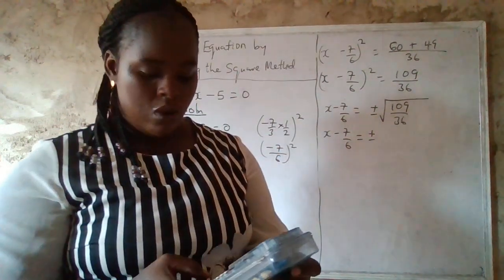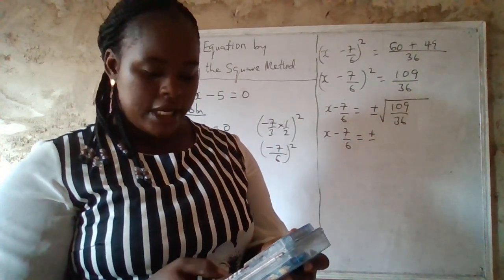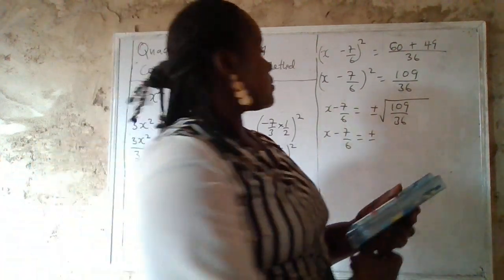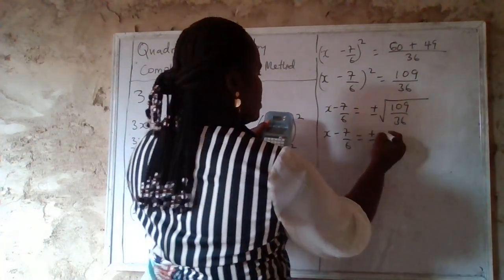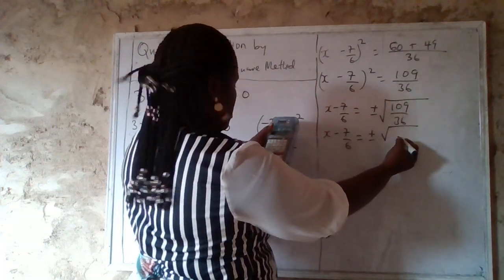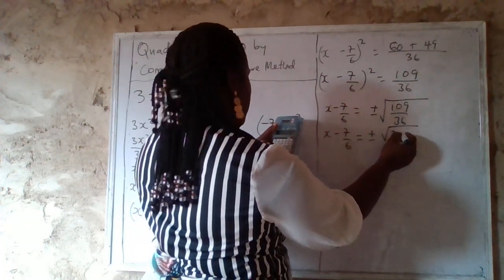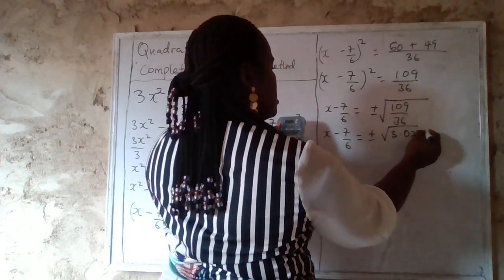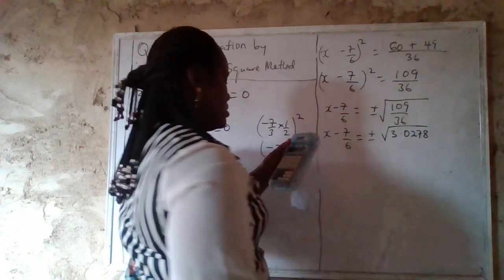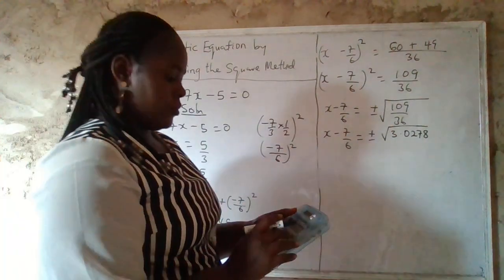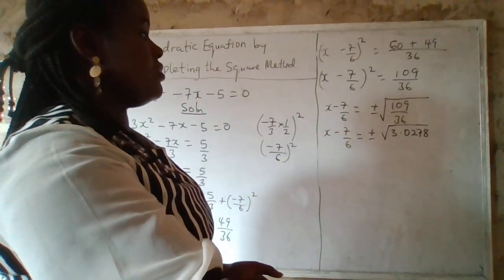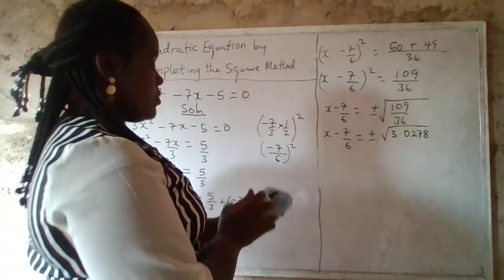109 divided by 36 will give us 3.0278. Let's leave it at this. Now I'm taking the square root of that.